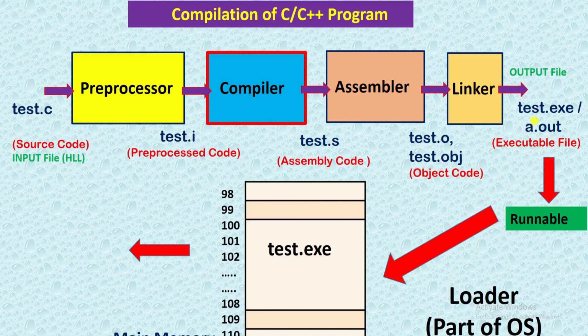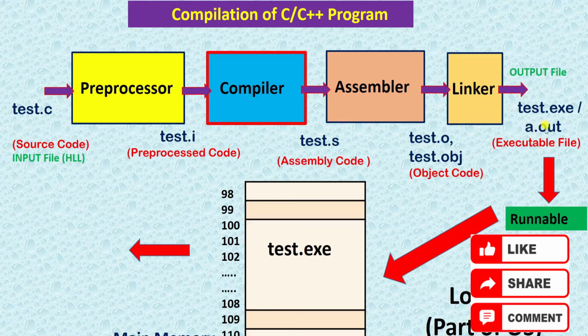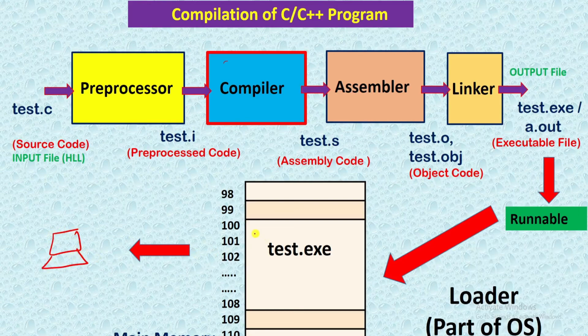When you double click your test.exe, or any executable file, the loader, which is part of the OS, loads or places this test.exe in your main memory, wherever the space is present. Finally, the content from this main memory will be read by your CPU, and one by one your instructions will be read.